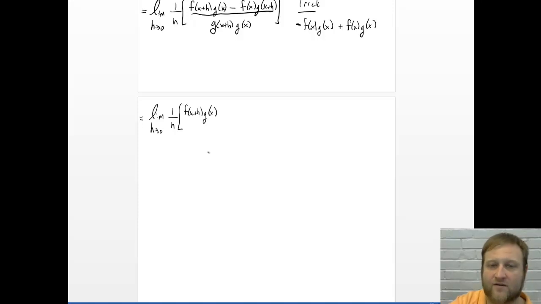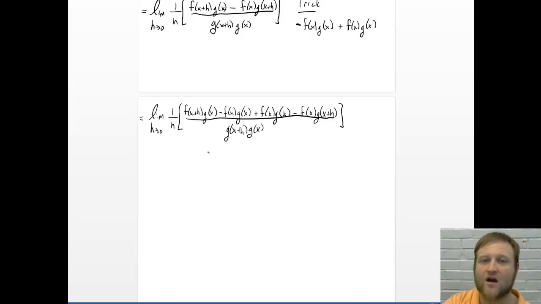I'm going to subtract out f of x, g of x, and then I'm going to add in f of x, g of x, and I still subtract f of x and g of x plus h, all over g of x plus h times g of x. So we still have a fraction. All we did was subtract f of x, g of x and add f of x, g of x. And by doing so, we are not changing our original problem. We haven't violated any constraints.